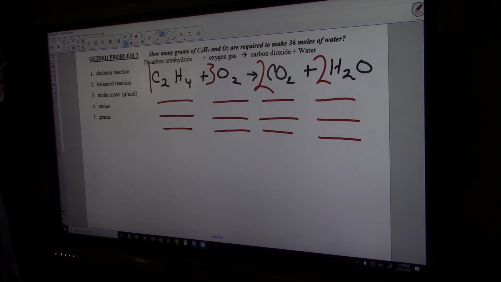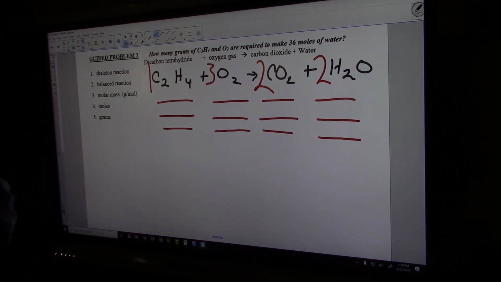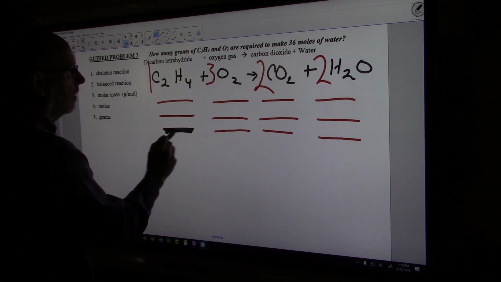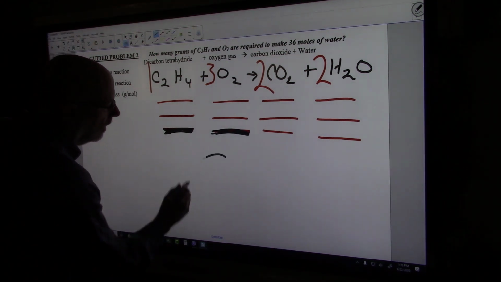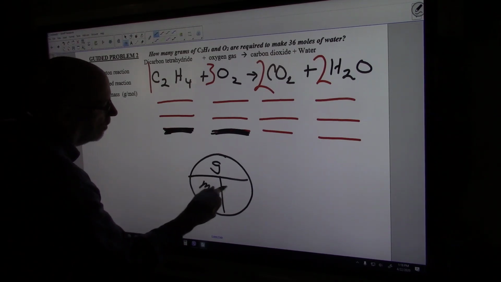All right. The question says, let's see if we can take a shortcut here, or not do all the work. How many grams of C2H4 and O2? So the only thing that I have to calculate for sure, I need to get that answer and that answer. Well, I'm thinking moles, grams, molar mass.